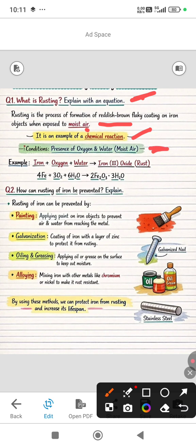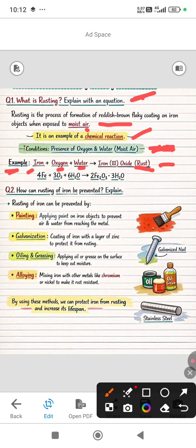Condition for rusting is presence of oxygen and water. Water is also known as moist air here. Example: iron plus oxygen plus water gives iron oxide, which is also known as rust.